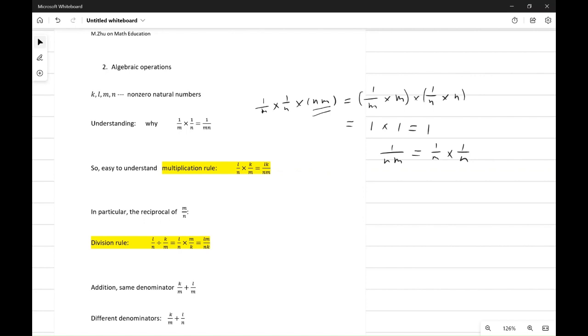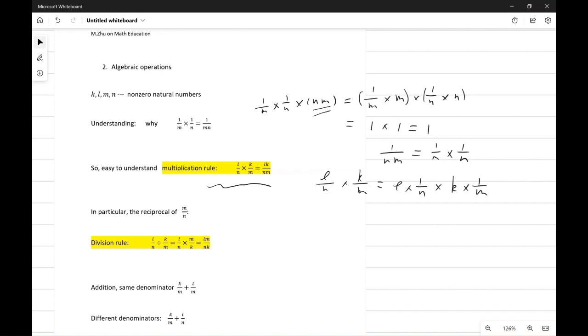Now, to understand the general multiplication rule, the idea is quite similar. Essentially, we can do the following, because l over n is l copies of 1 over n, and k over m is k copies of 1 over m.